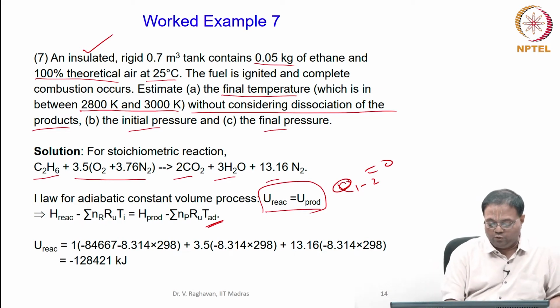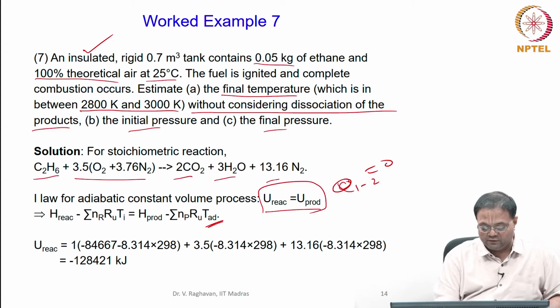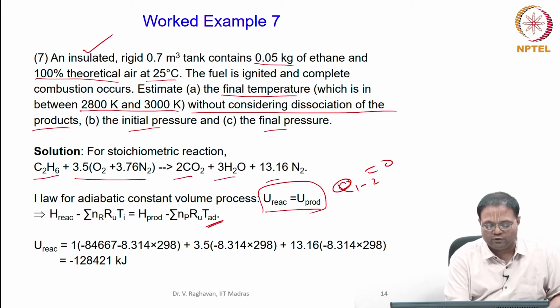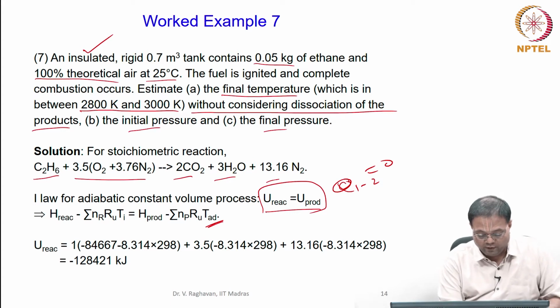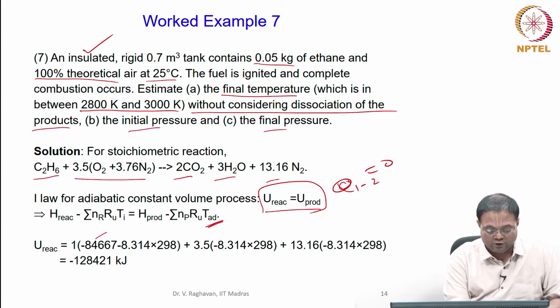Now you calculate the equation like this. Sigma I am putting here because I am considering each and every species. For C2H6 you have 1 into 84667, which is the HF of C2H6, minus 1 into 8.314 into 298.